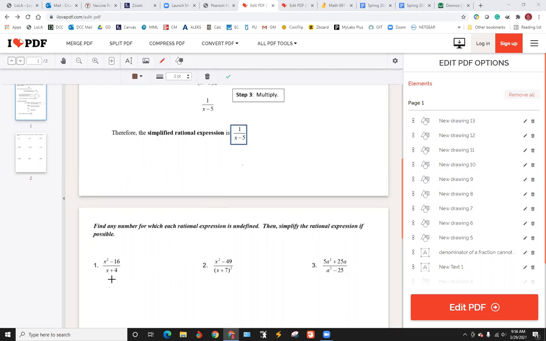All right, so let's just look at how that works. The numerator factors as x minus 4 times x plus 4. They're putting these in there because they figure these are the easier ones to factor.